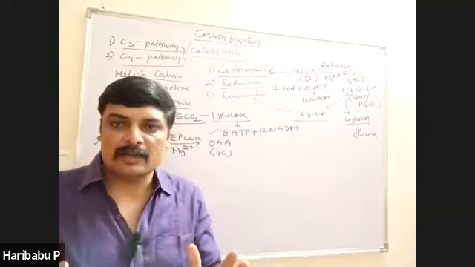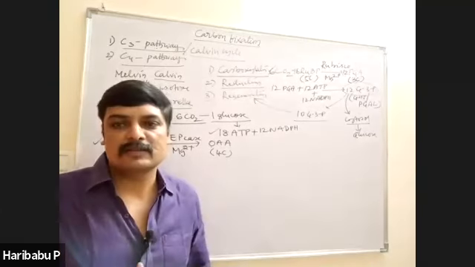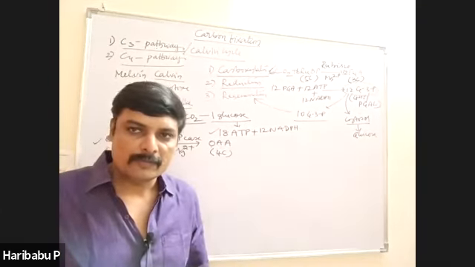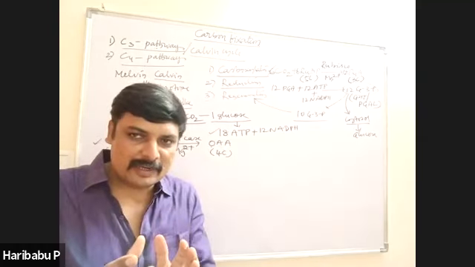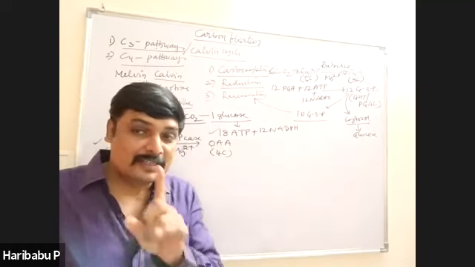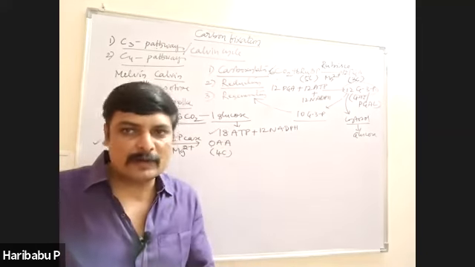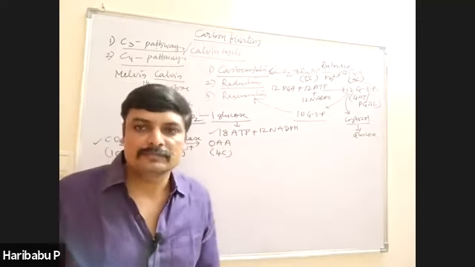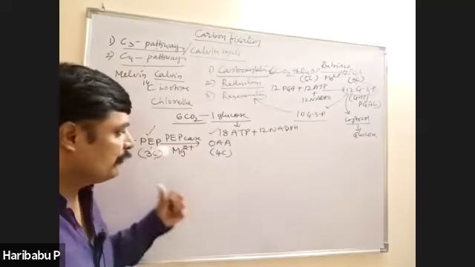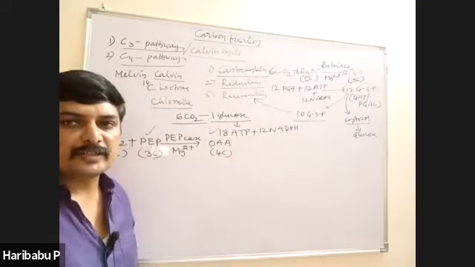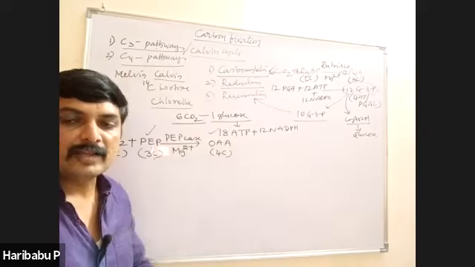The C4 cycle occurs only in C4 plants. The C3 cycle occurs in C3 plants, C4 plants, and CAM plants. C4 plants are more efficient than C3 plants.